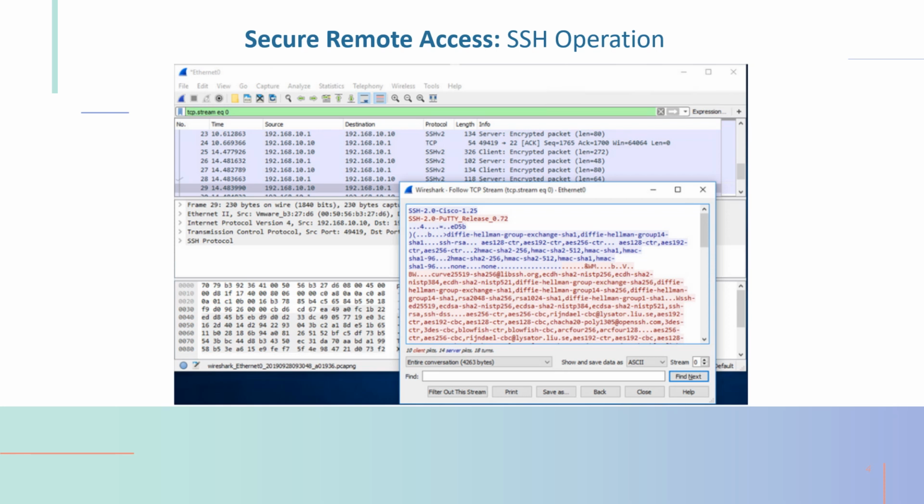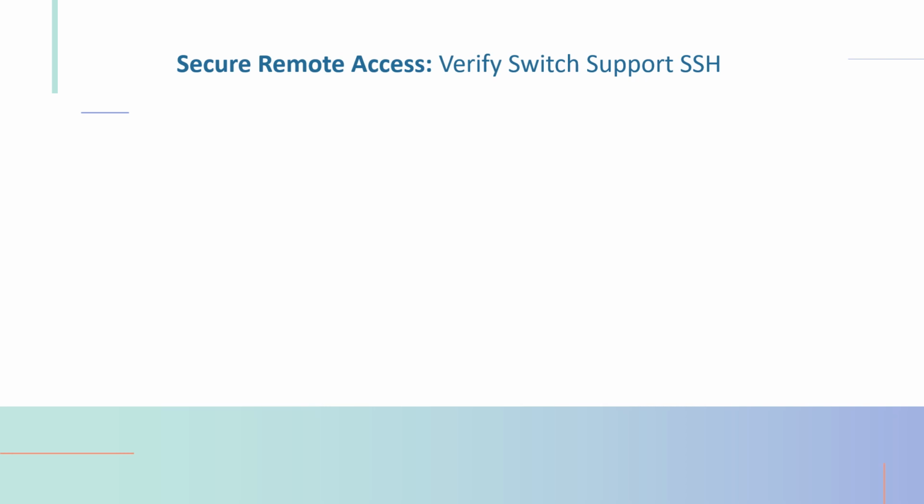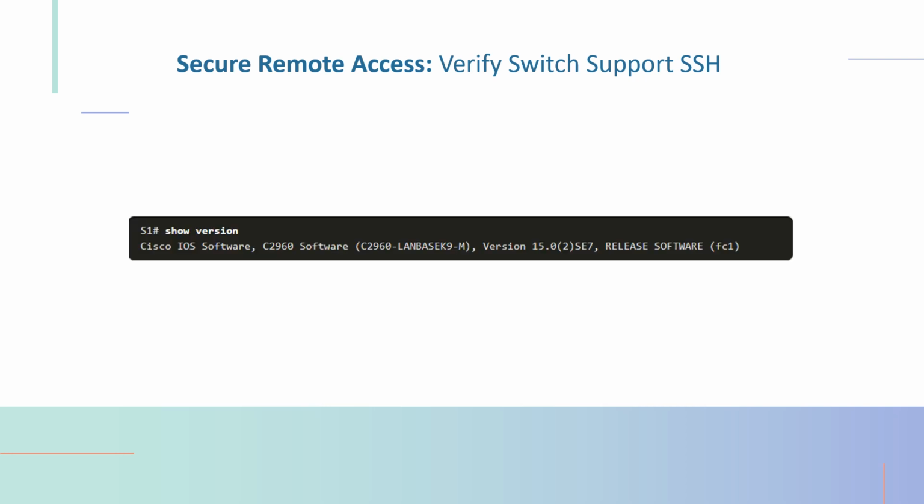To enable Secure Shell on a Cisco switch, you must be using a version of the IOS software including cryptographic features and capabilities. By using the show version command on the switch, we will be able to see which IOS the switch is currently running.